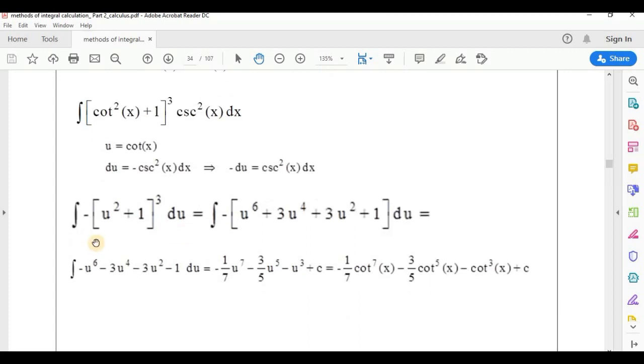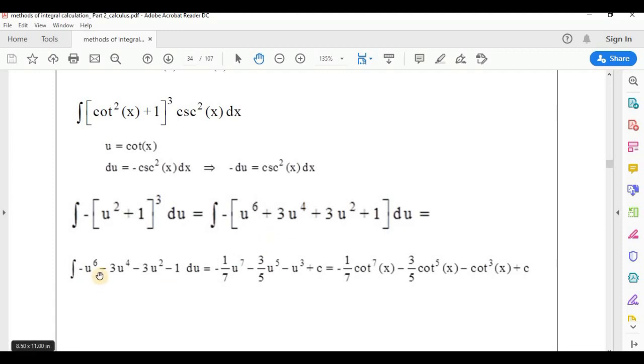After that, we will put the integral in terms of u, and we will get this result. And how will we solve this type of function? We just open the cube and expand. After expanding the cube, we will get this result. Now the integral becomes easy to solve.